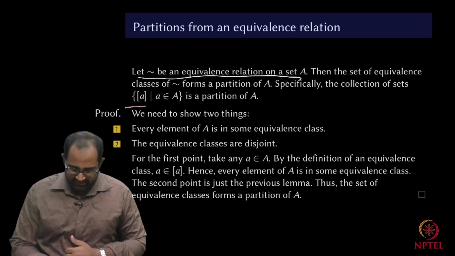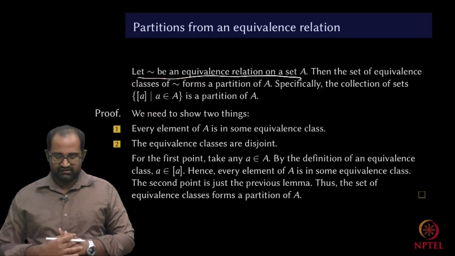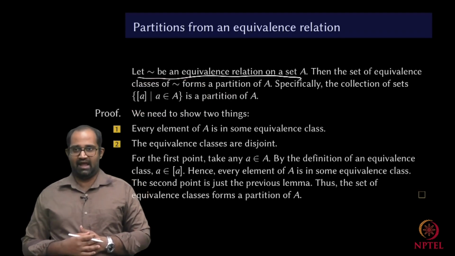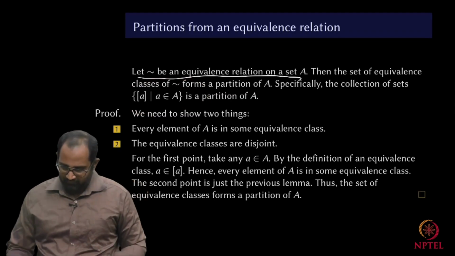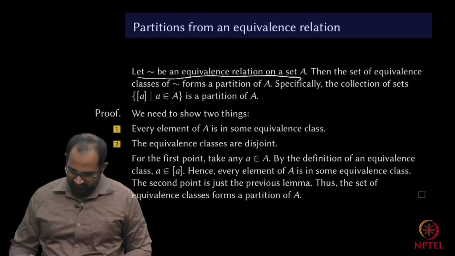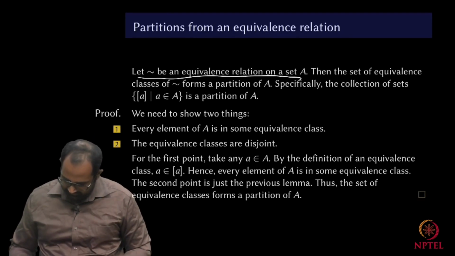Here I do not see an indexed family, I have just given a collection of sets F, right. So, let us try to fix this. How do we get an indexed family from all this?